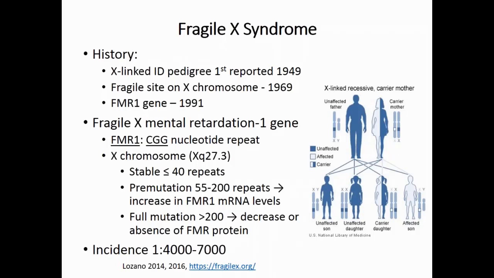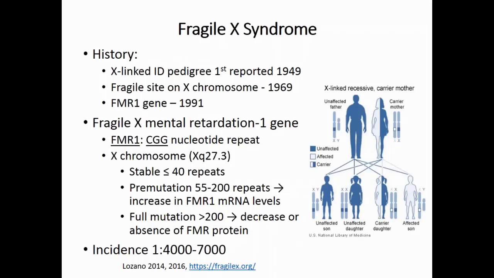The absence or severe deficiency of FMRP almost always leads to intellectual deficits, as seen in males with Fragile X syndrome. In females with Fragile X, the normal X produces some FMRP, so only 25% of females with Fragile X have an IQ less than 70.